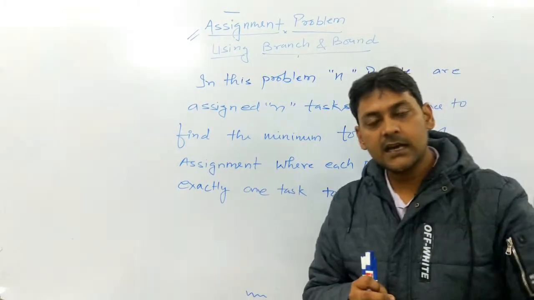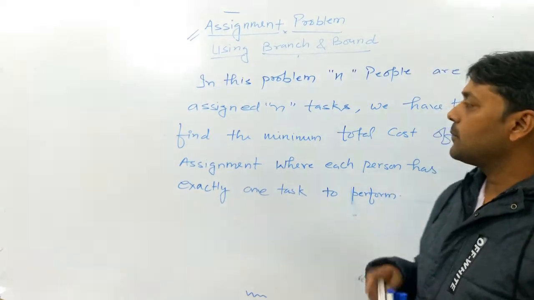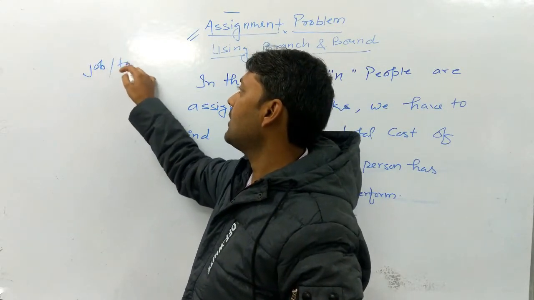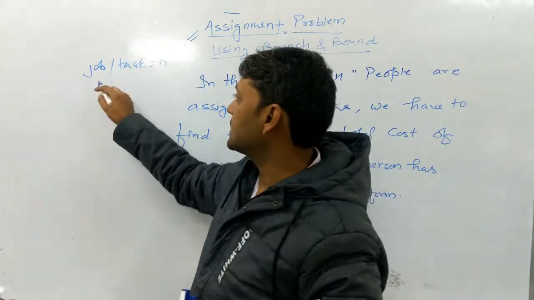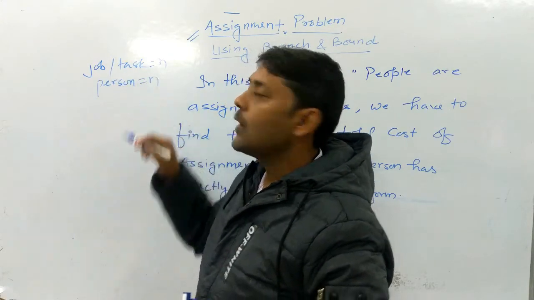Which condition is here? If the number of jobs or tasks is given as n, the number of persons is also n.